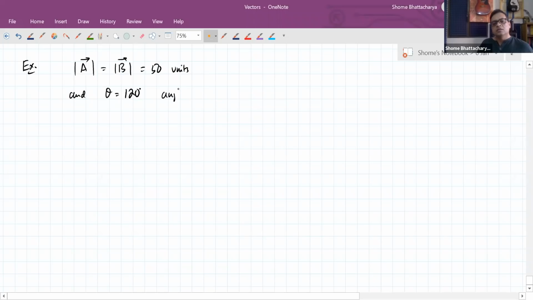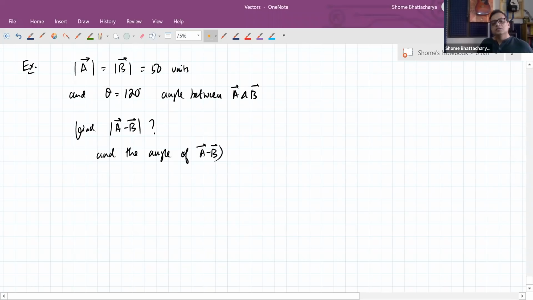That is the angle between A and B. So find magnitude of A minus B and the angle of the vector A minus B with respect to the vector A.